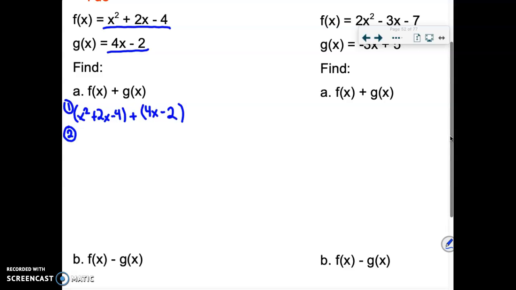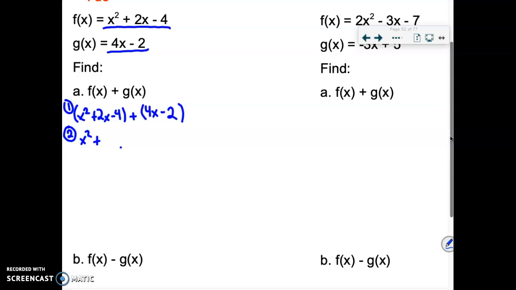And I'm going to read it left to right, and so if I look at f of x and the first term in f of x is x squared, I notice that it has the power of 2, and then if I look to the function g of x, it doesn't have an x squared or a power of 2 term at all.